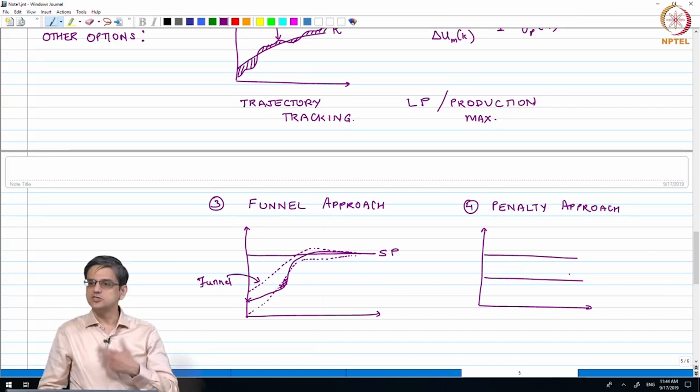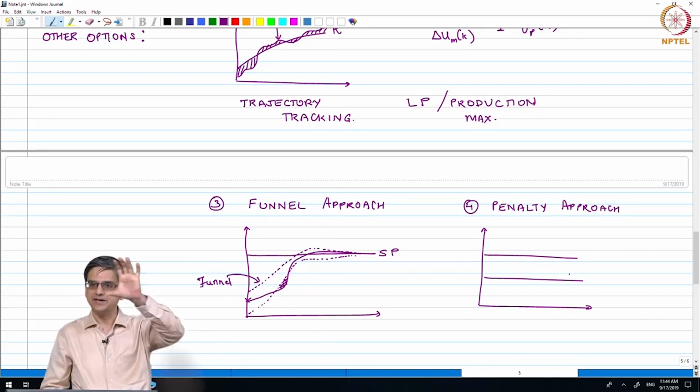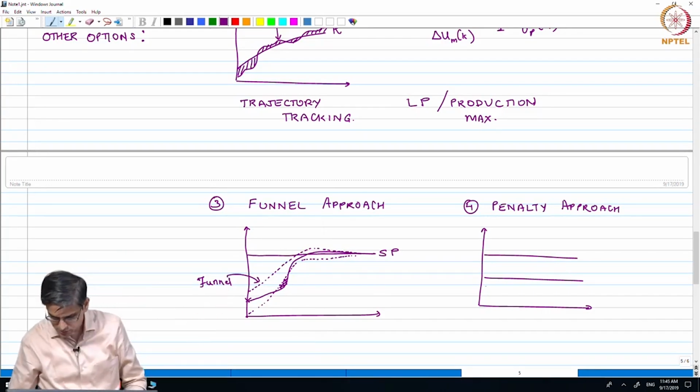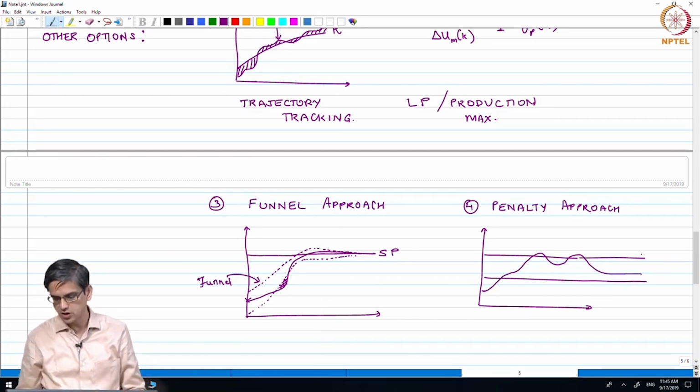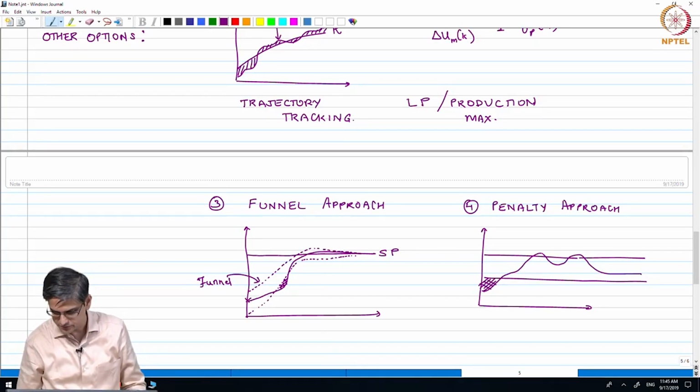Your aim is not a set point, but a band. Let us say this is how your output trajectory is. You are only going to get penalized for this.